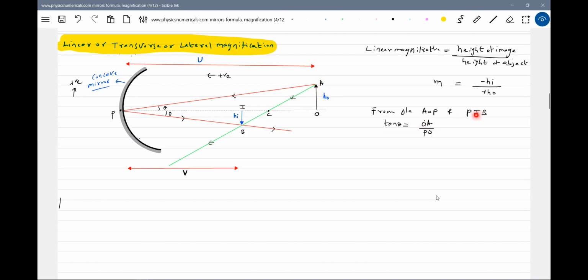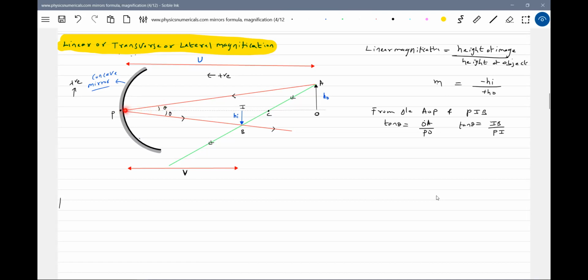Similarly, looking at the triangle PIB, you have a right angle triangle. This will be opposite, this will be adjacent. Then tan theta should be equal to IB by PI. Now you can ask questions: why are these angles equal?